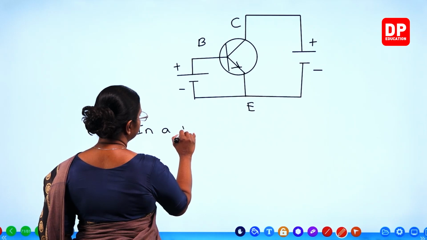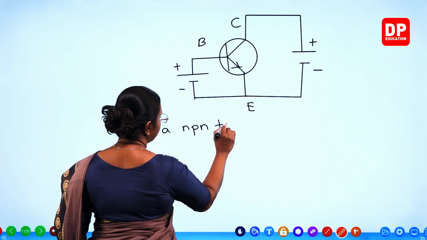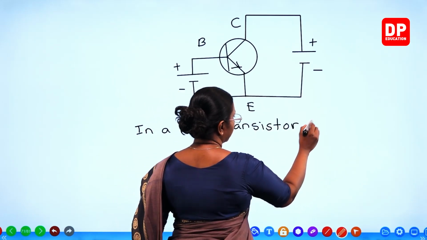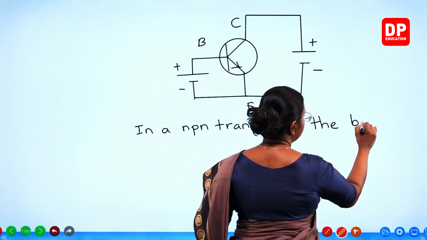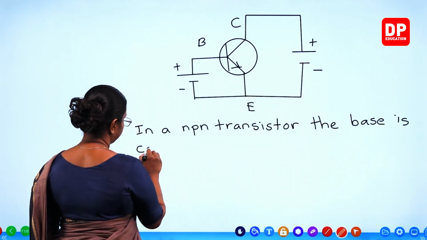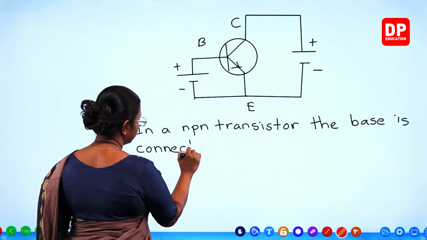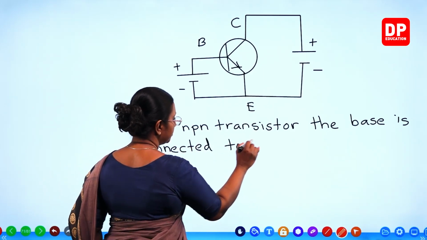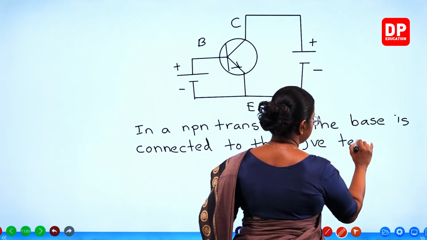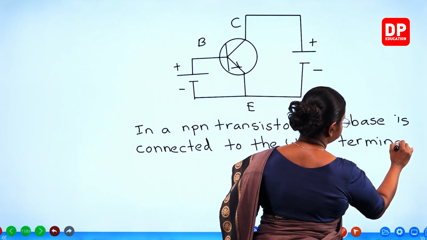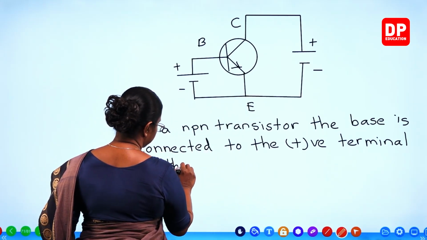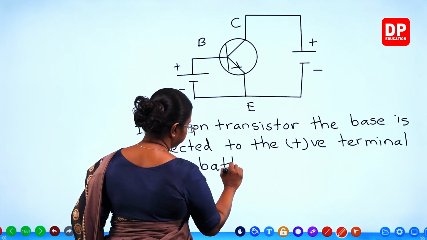in an NPN transistor, the base is connected to the positive terminal of the battery.